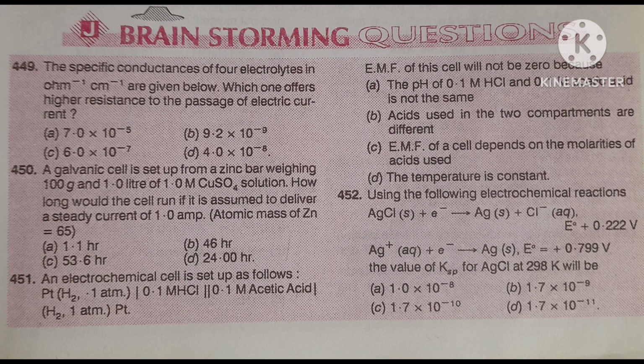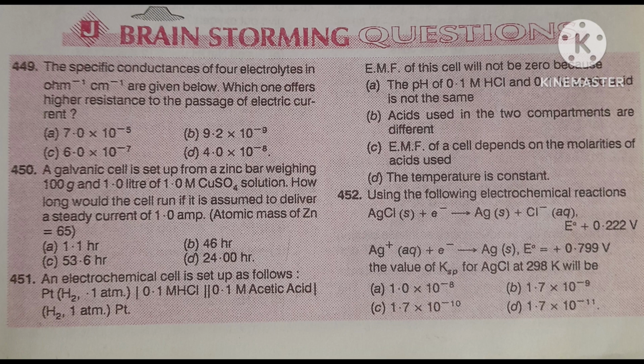Second option, acids used in the 2 compartments are different. Third option, EMF of a cell depends on the molarities of acid used. And fourth, the temperature is constant. Correct? You have to select any one.